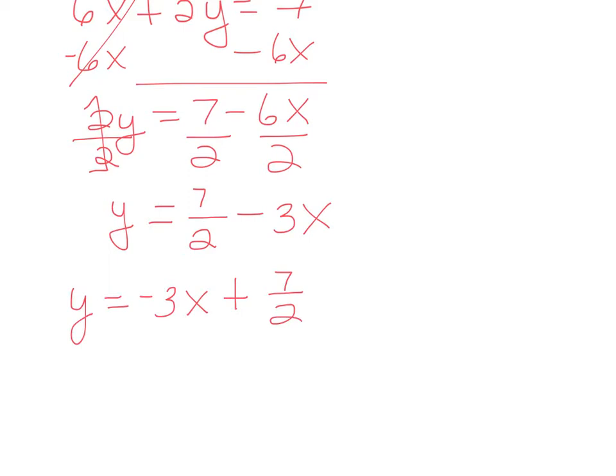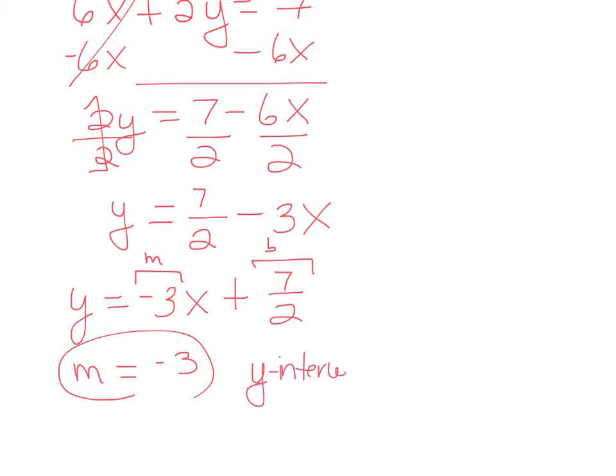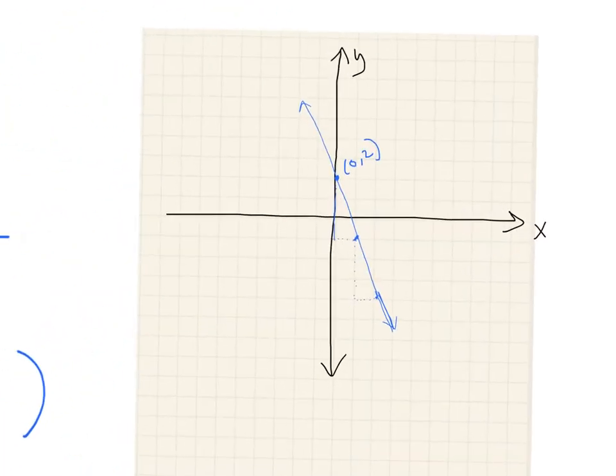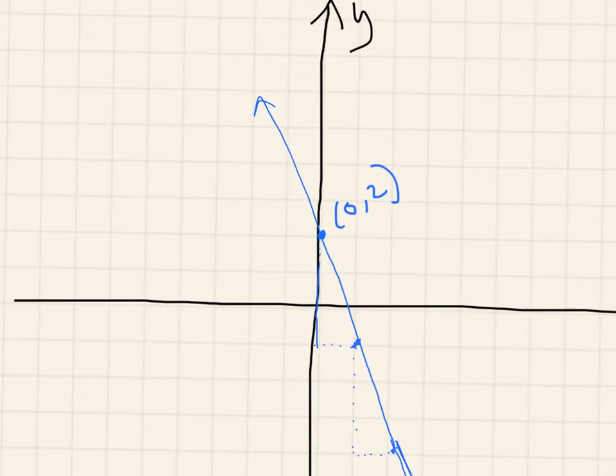I'm going to rewrite this as y equals -3x plus 7/2. You don't have to rewrite it, but it's nice because you see the mx plus b here. We notice that our slope is still -3, as above, and our y-intercept is 0, 7/2. That's the same thing as 3.5, since half of 7 is 3.5. So let's plot 3.5, which we know is going to be on the y-axis.